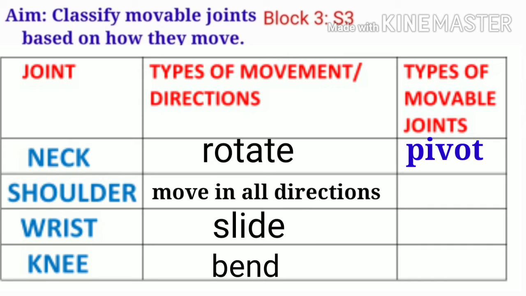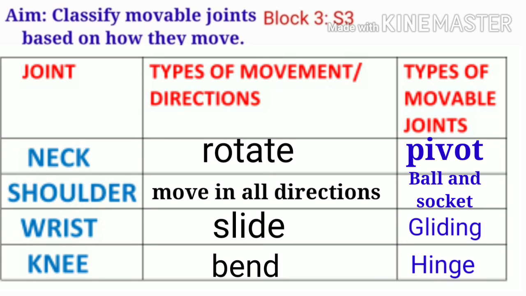They look like a cup and a ball moving in it, so they are called ball and socket joints. Our wrists and feet can slide over each other, allowing the sideways movement. These joints are called gliding joints. Elbows and knees are like hinges in doors, so they are called hinge joints.